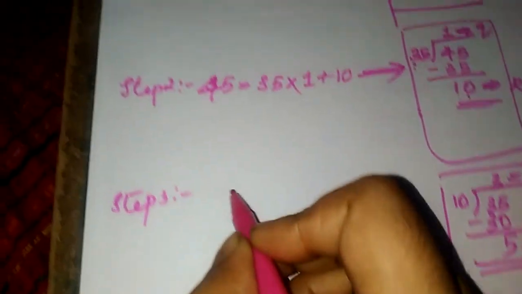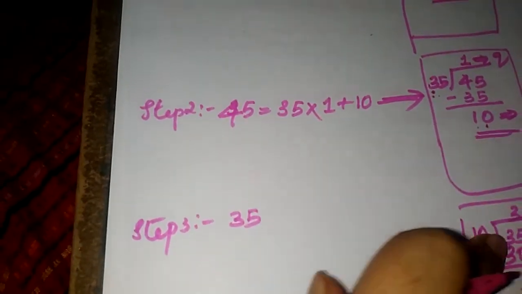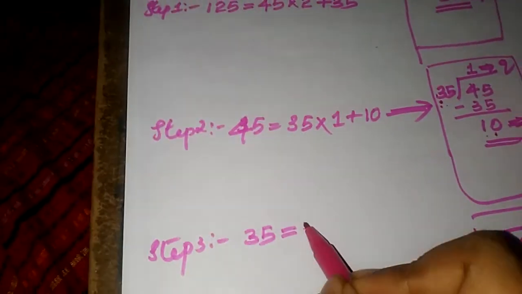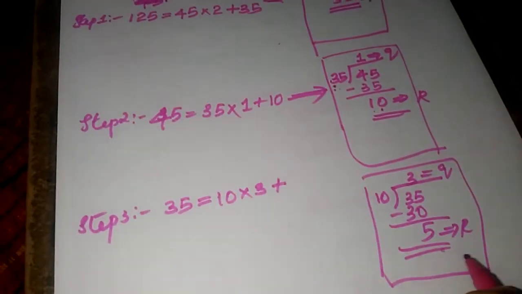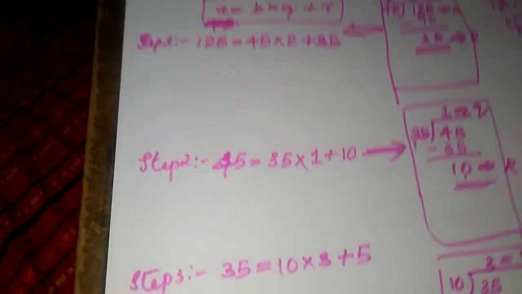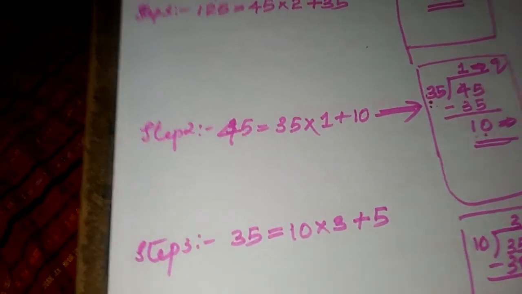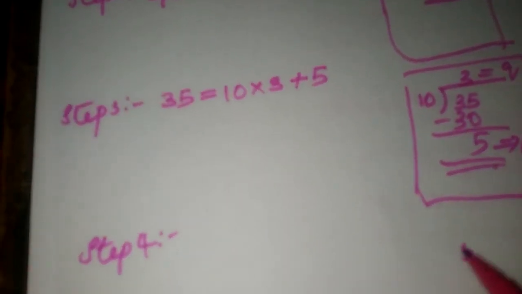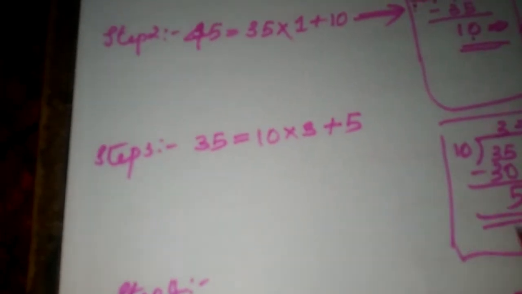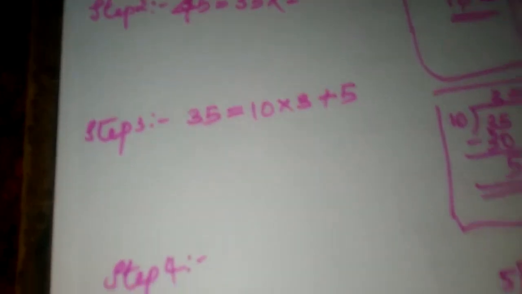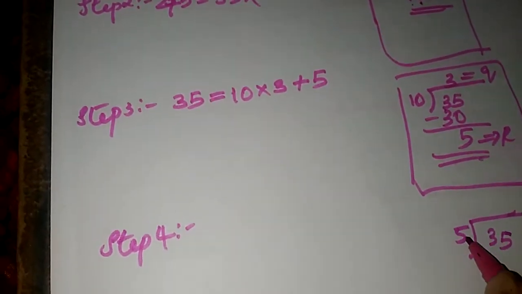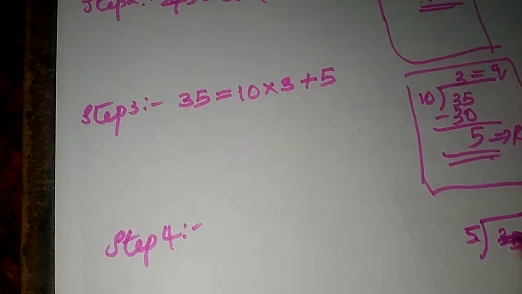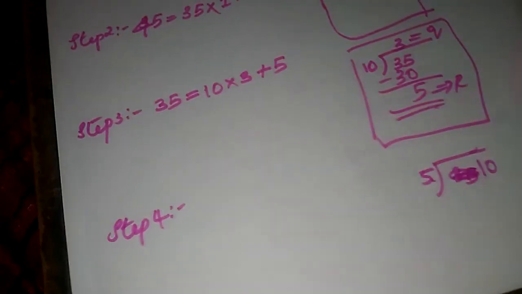Now how to write this step 3? 35 = 10 into 3 plus 5. Step 4: what is step 4? You do it yourself. Again, from this remainder, we divide 10 by 5.